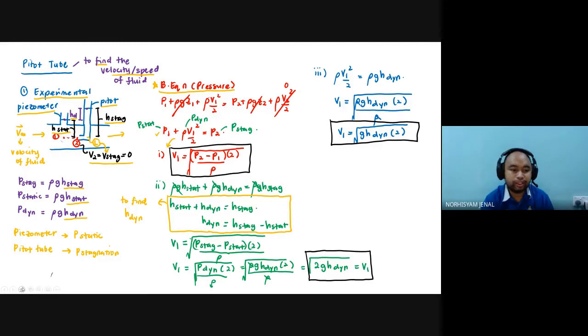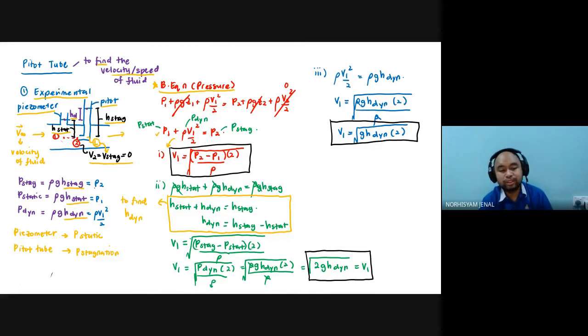Based on the definition, P stagnation is rho g h stagnation, equal to P2, P static is rho g h static, equal to P1, and P dynamic is rho V1 square over 2.